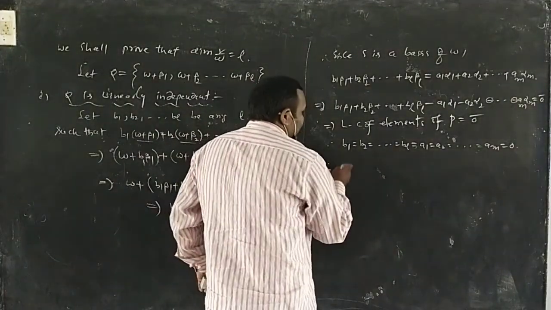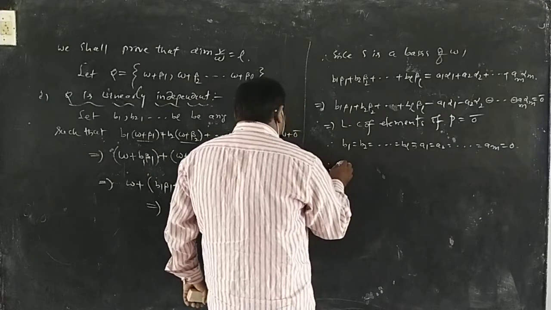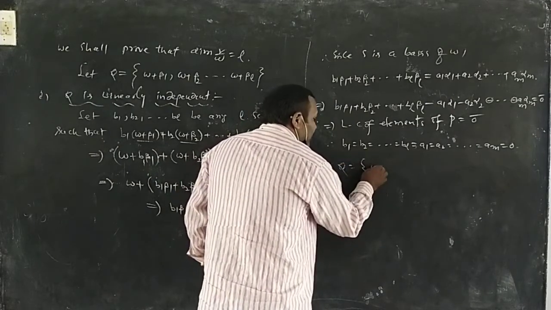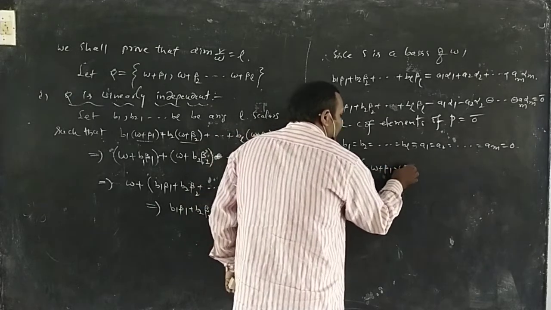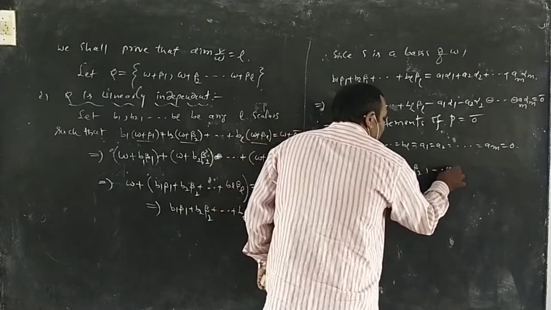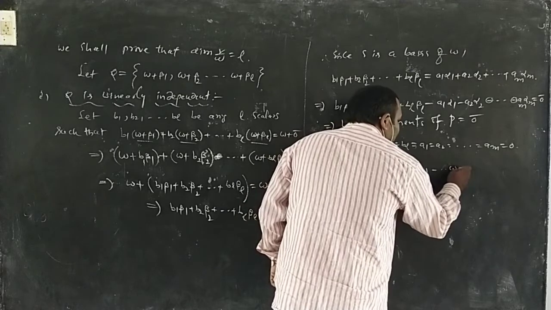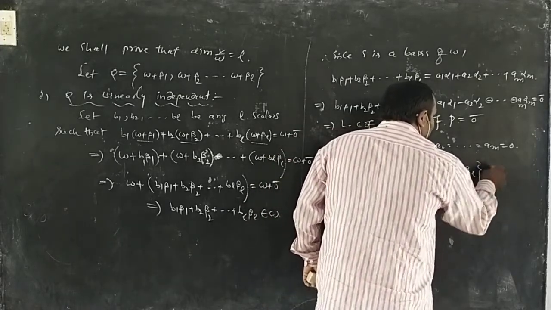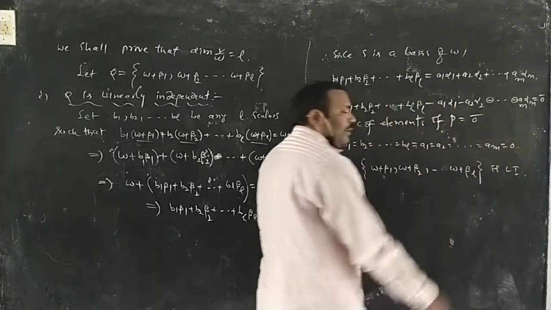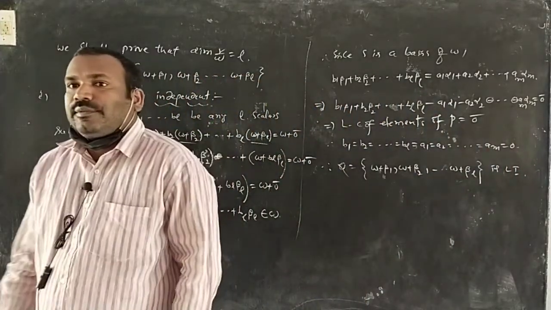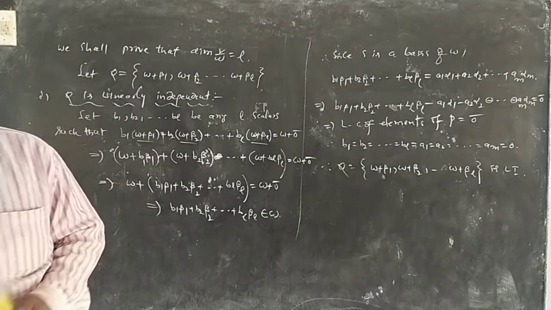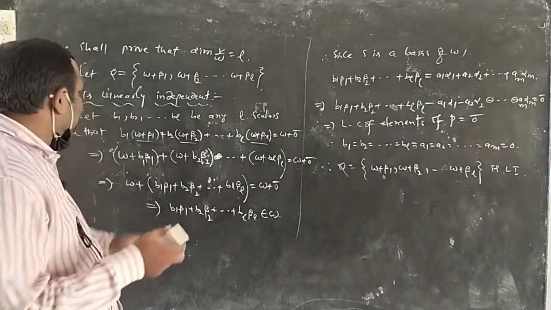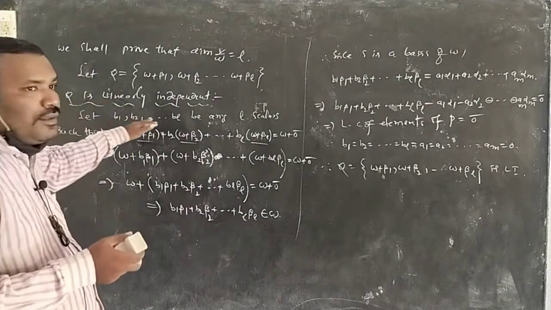Therefore, Q equal to W plus beta 1, W plus beta 2 and so on, W plus beta L is linearly independent.